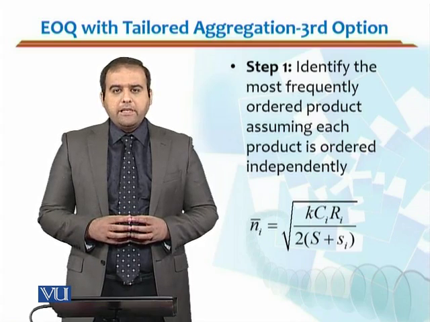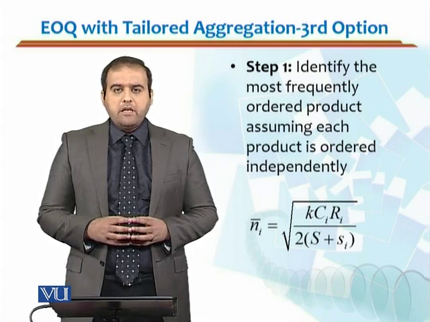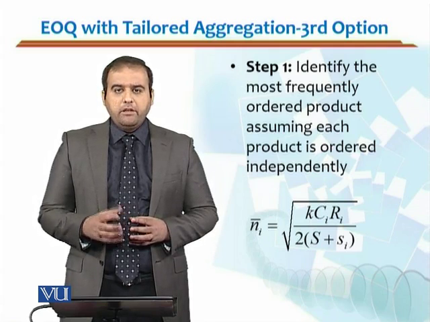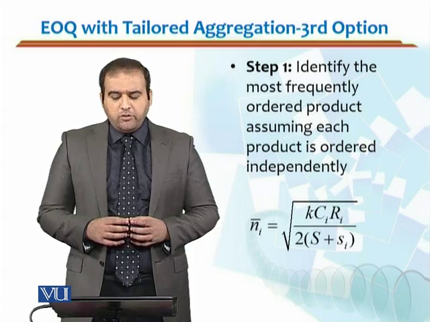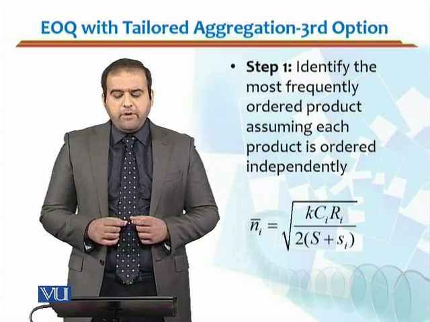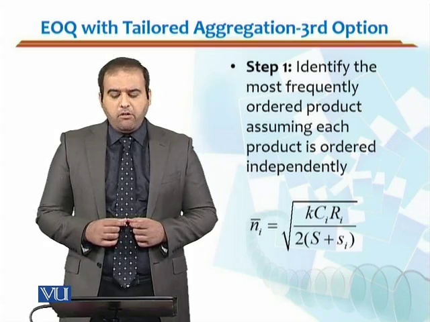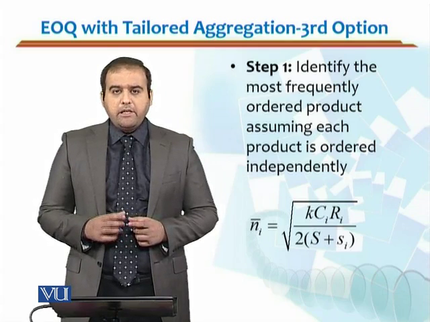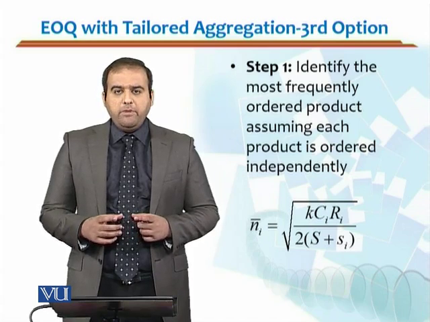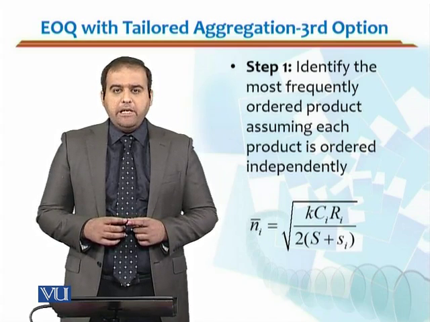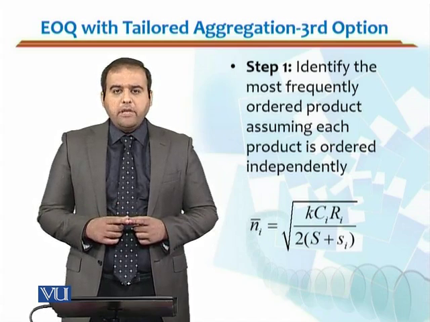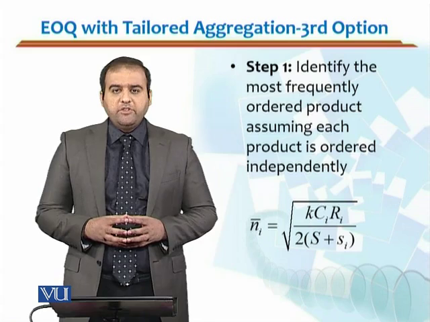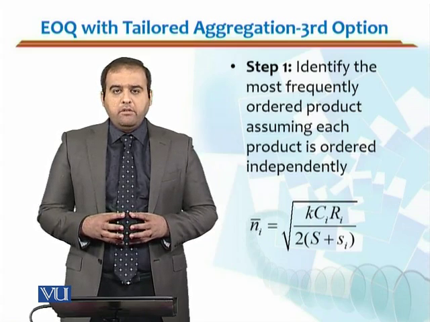I will be going through these steps first of all, then we will look at the example that will cover this topic for better understanding. So step 1 would be to identify the most frequently ordered product, assuming each product is ordered independently. So we will be finding the N bar, which would be based on the total fixed cost.